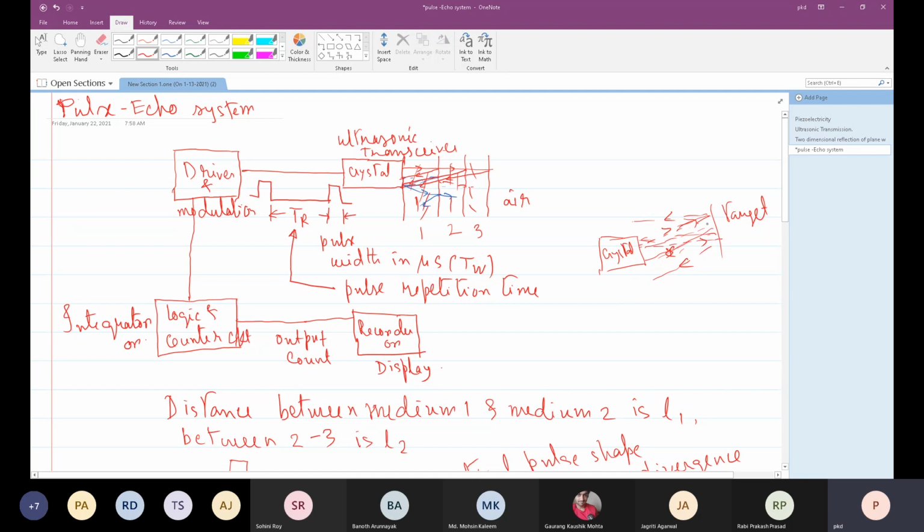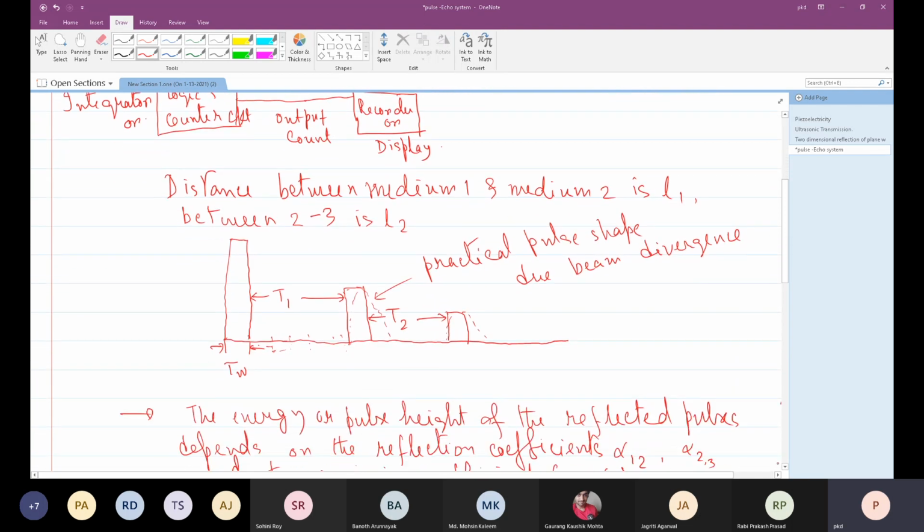If we assume a Gaussian beam profile, there will be a homogeneous pulse output like this. But usually the beam profile could have multiple maxima.